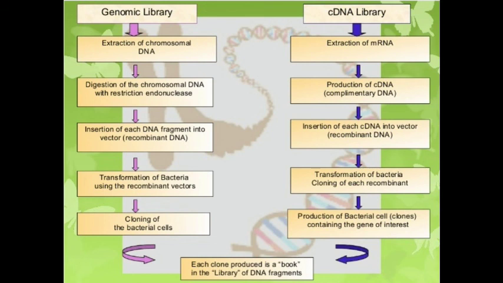So, both complementary DNA library and genomic library, they both have their importance. Especially, they indicate the number of genes. Second, they indicate the kinds of genes, and it is the ideal method for preserving genes in bacterial cells.